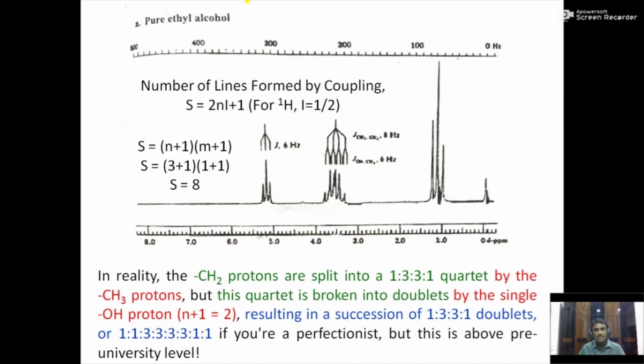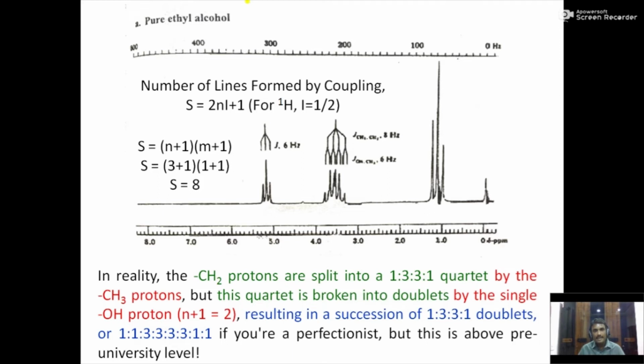If the proton of OH is not interacting with the protons of CH2, then we simply get a quartet whose intensity is 1:3:3:1.